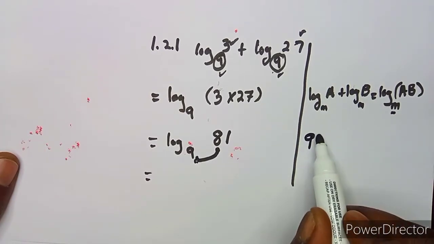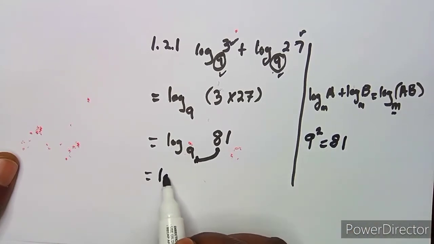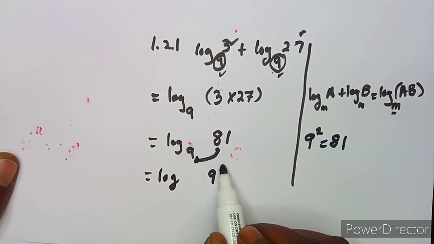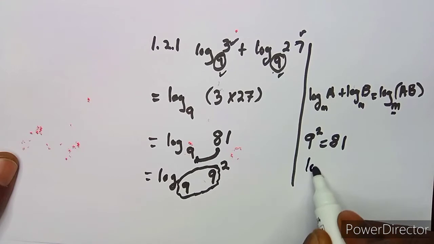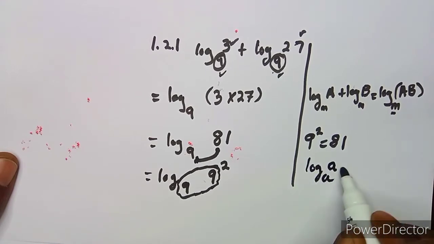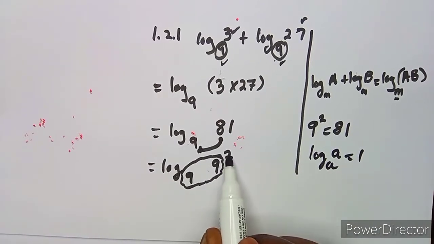So 9 to the exponent of 2 gives us 81. So it's log of 9 to the exponent of 2 in base 9. Why are we writing this in terms of 9? Because we need to apply a law, but we can't apply it now because there is an exponent here.